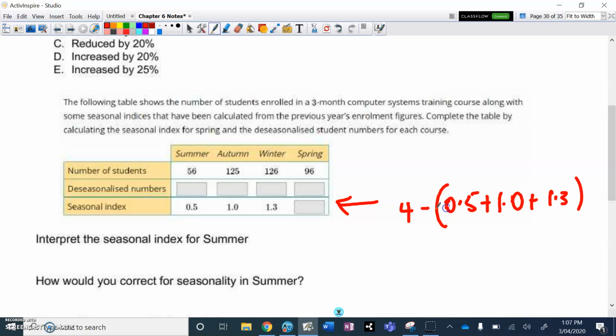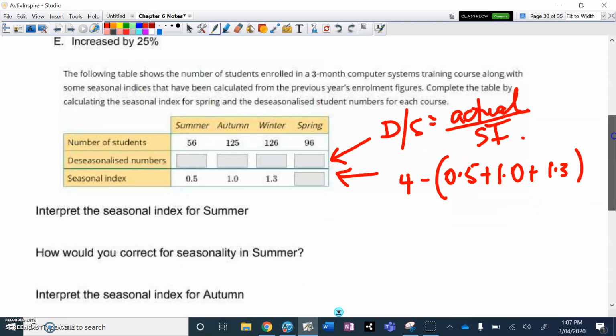So to figure out that missing seasonal index, you need to do a calculation first of all. And then you've also got to remember that to get a deseasonalized figure, we need to calculate actual divided by the seasonal index. So you need to do a bit of calculating before you actually work out the rest of the answers.